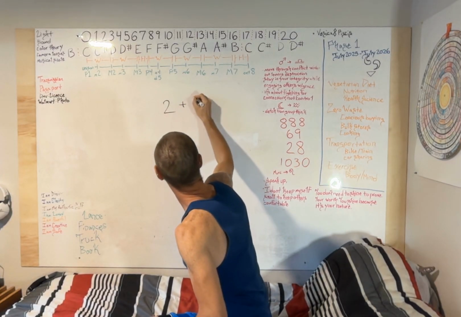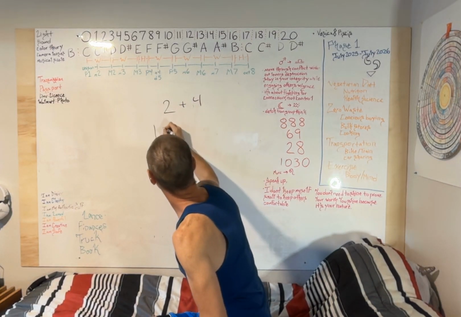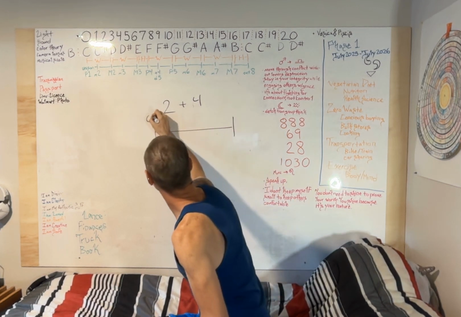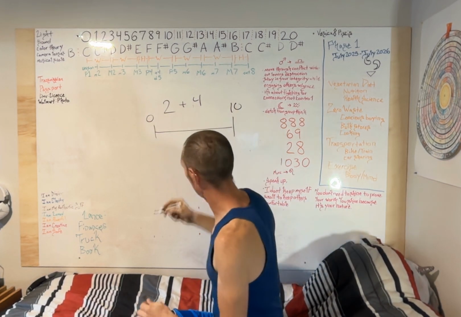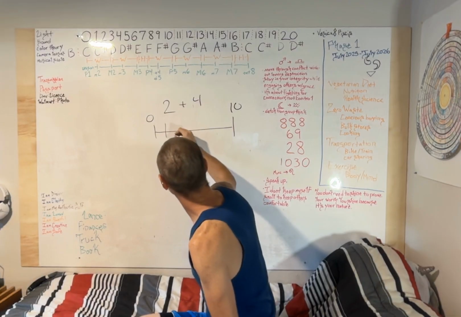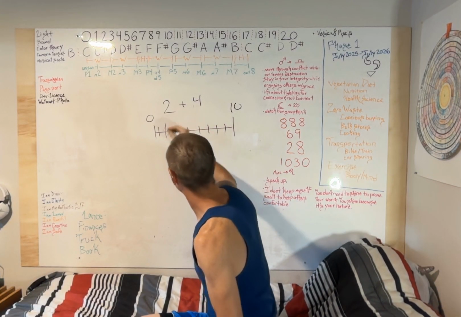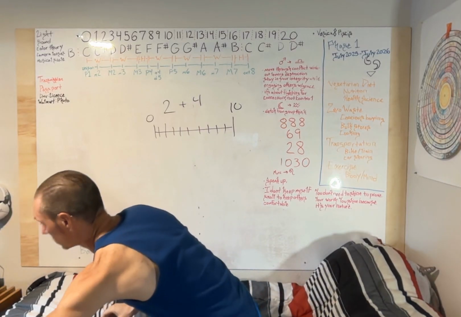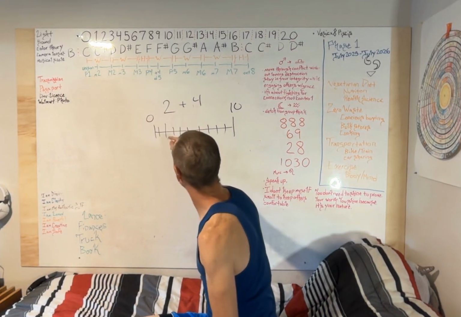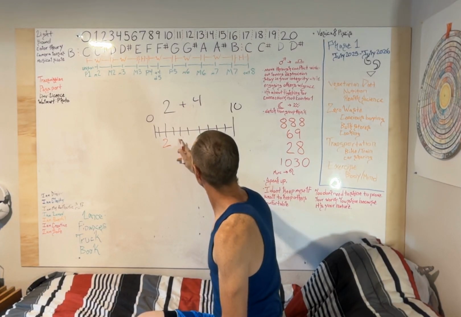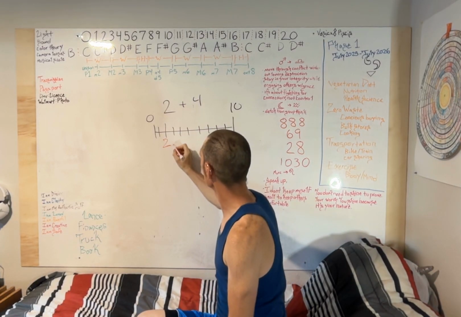2 plus 4. Well, on the number line, 0 and 10, you've got 2, 1, 2, 3, 4, 5, 6, 7, 8, 9. All you're doing is from 2, you're just adding 4, you know what I mean?